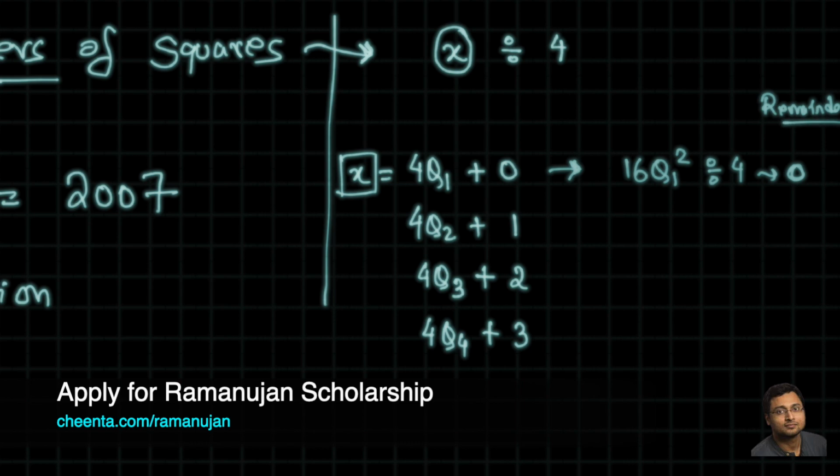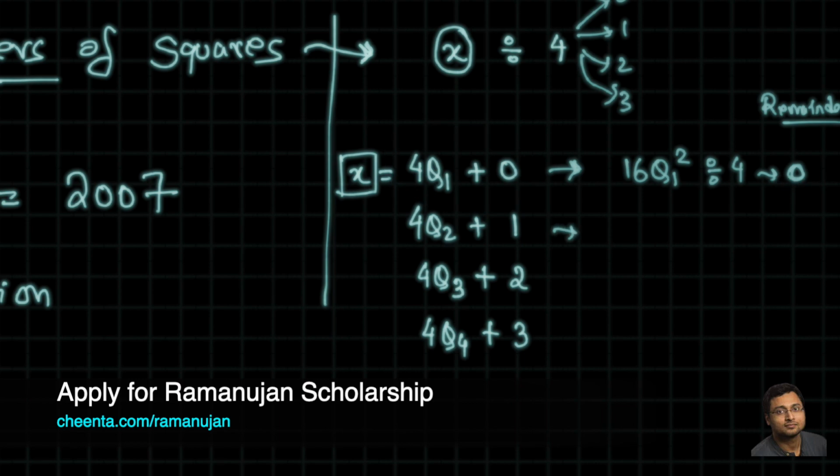So remember that any number divided by 4 gives remainder 0, 1, 2 or 3. We want to now find out what happens if we divide square numbers by 4. So the first type gives remainder 0.